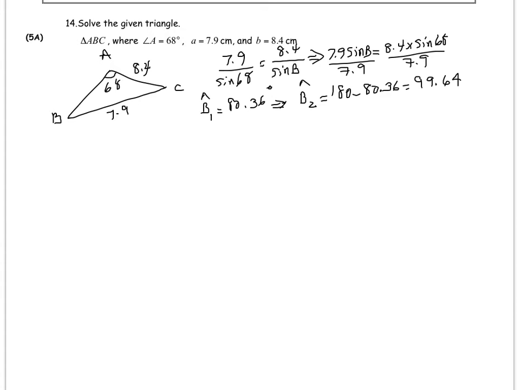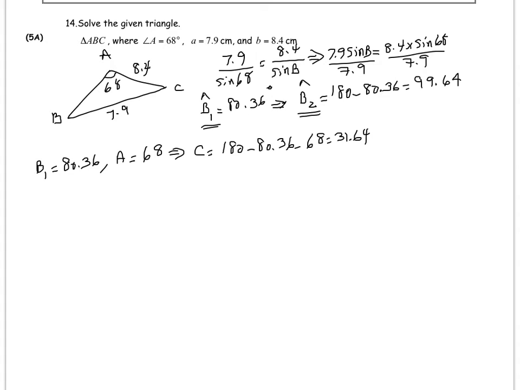So I have to consider two cases, B1 and B2. Let's consider B1 first. So B1 is 80.36, A is 68. So I can easily see that angle C is 180 minus 80.36 minus 68, which is 31.64.